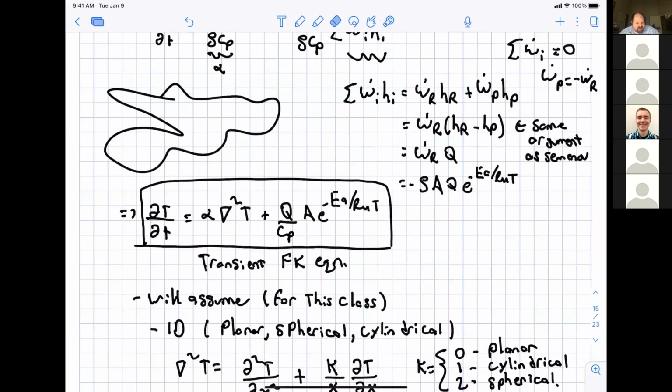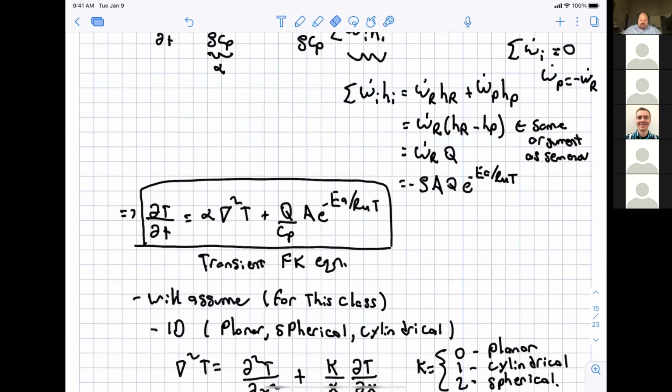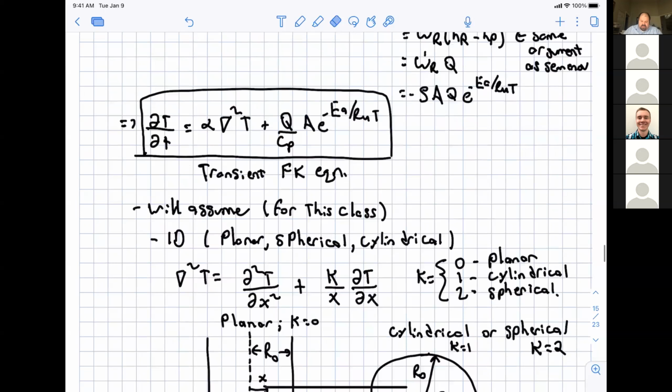I'm not aware of anybody who does that, but they usually consider simple shapes. And in this class, we will not be working with the full multidimensional version of this, because I can't assume that you have had heat conduction where you solve this numerically, or I should say a graduate level numerical methods class.